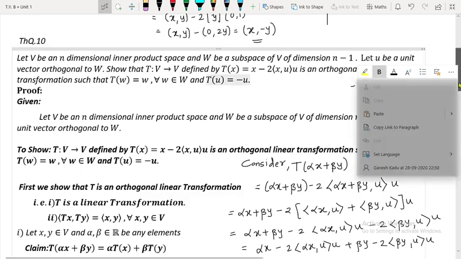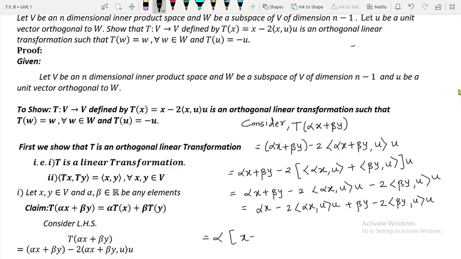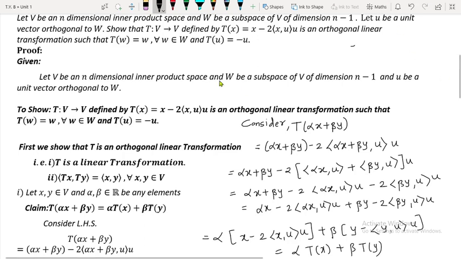If you take alpha out, this will be further equal to alpha outside, inside x minus twice inner product of x with u, outside it is u, plus beta outside, inside y minus inner product of y with u, and outside it is u. And if you observe properly, this is nothing but T of x and this is nothing but T of y, and that is what we wanted to prove, and therefore T is a linear transformation.